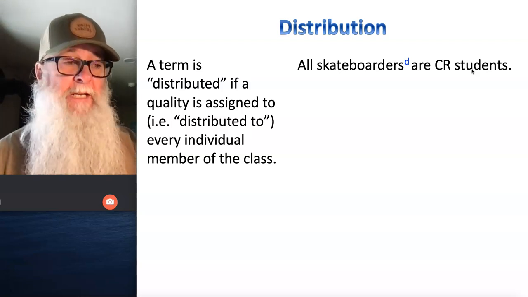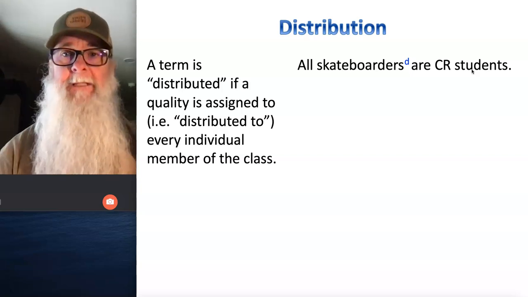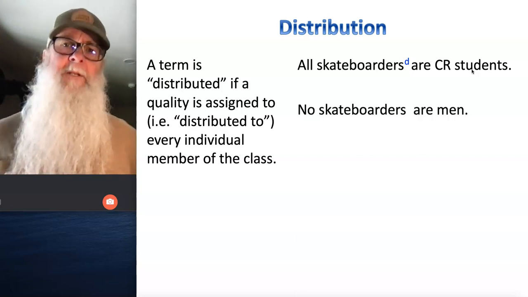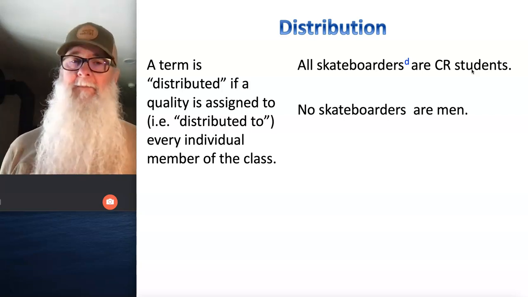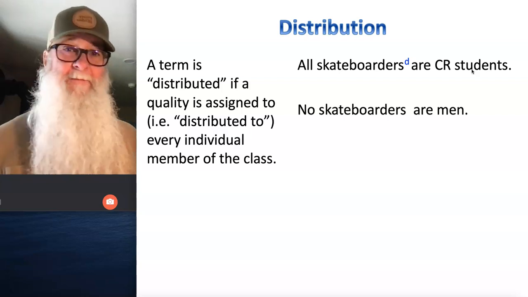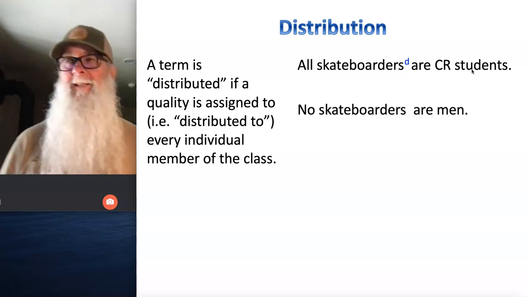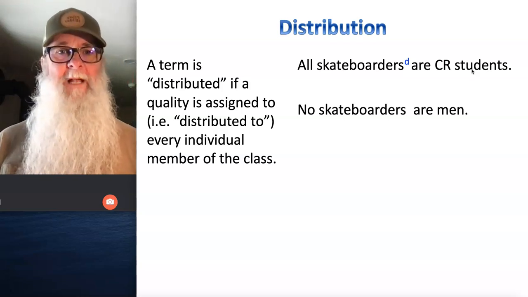And to make clear to ourselves that this term is distributed, we're going to mark a little D next to it like that. Now consider a statement like this: "No skateboarders are men." Is this statement telling us something about every single skateboarder? Is it telling us something about every single man? And the answer is, well, yeah, it's telling us something about every single skateboarder.